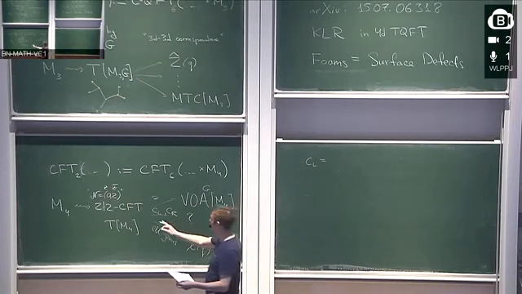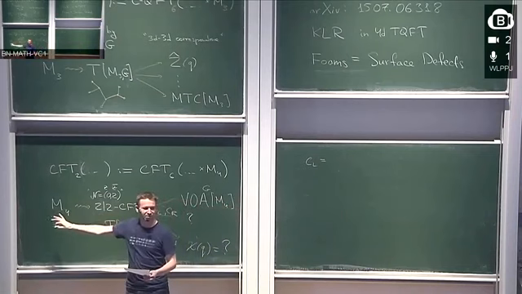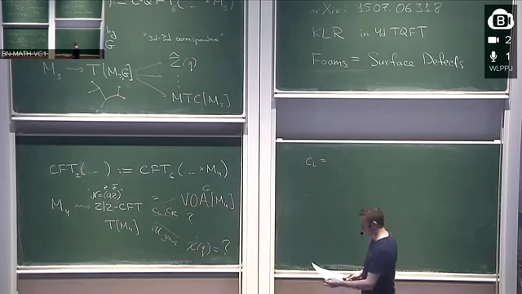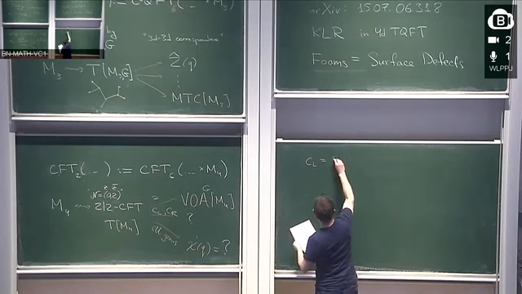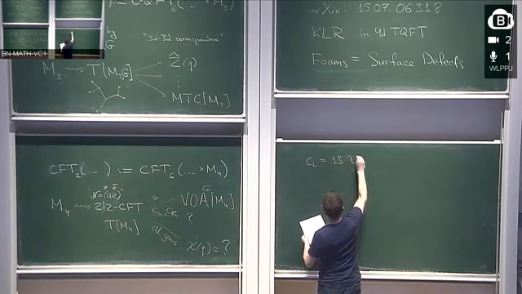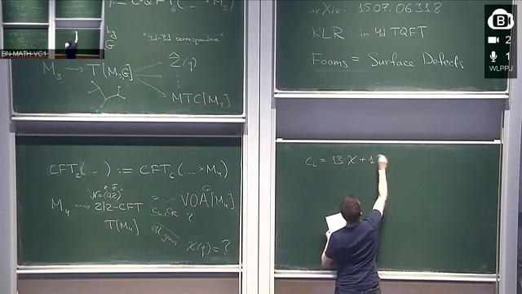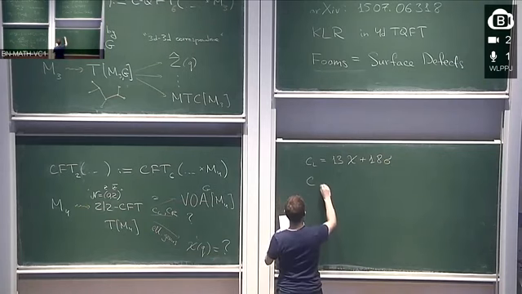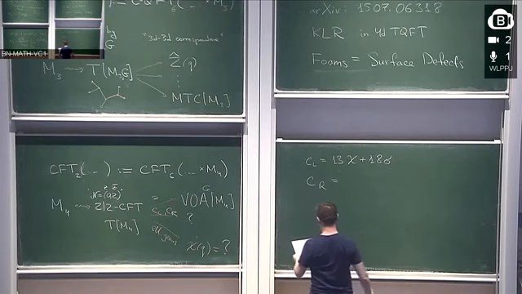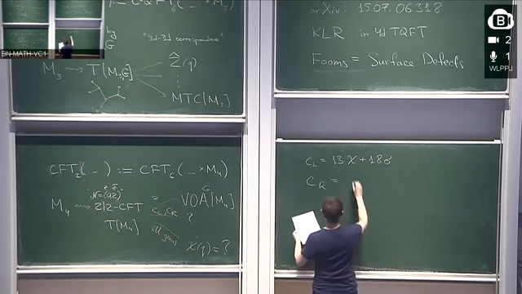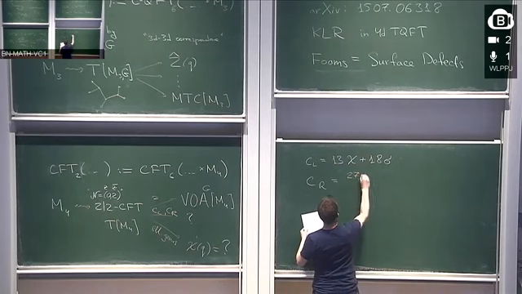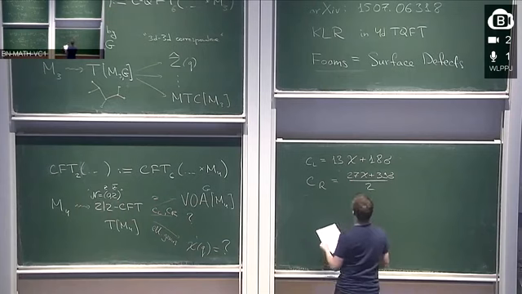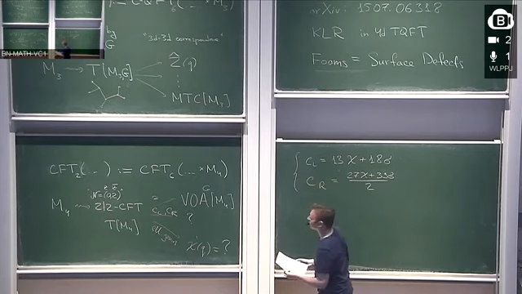So two basic things about 4 manifolds match two basic things about VOAs, or these theories T of M4. In case you care, here's the explicit formula, but I don't think the precise coefficients matter as much as the fact that they line up nicely with the corresponding invariants of the 4 manifold.